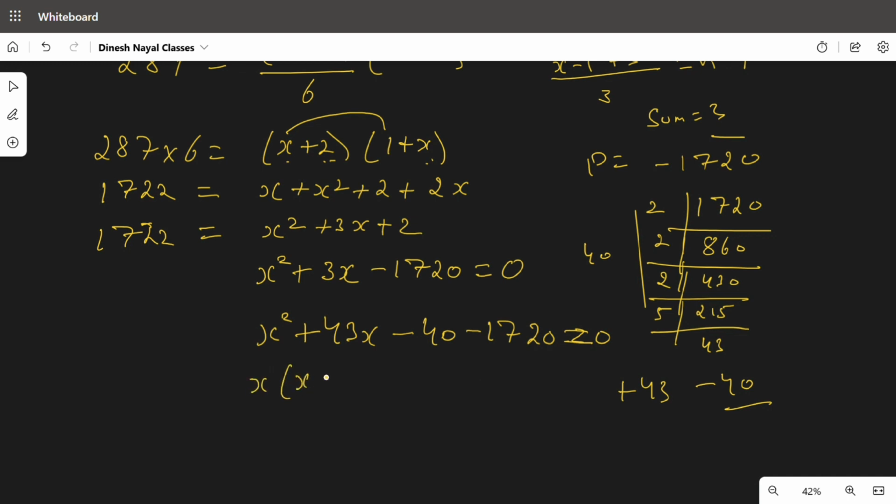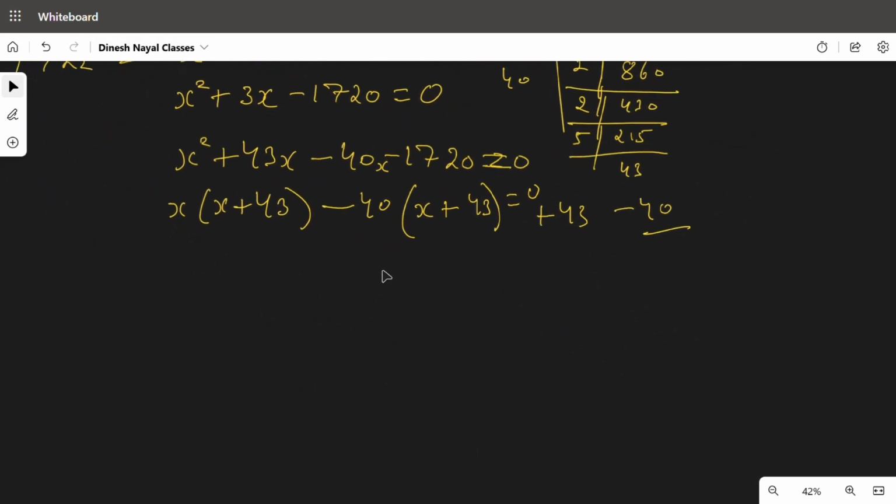So this is x times x plus 43, minus, you take 40 common. Since we have taken 40 common, minus is common, so this will be plus. We know that 40 times 43 is 1720, so if you take 40 common, 1720 divided by 40 will be 43 only, which is equal to 0. Okay, let's write it properly now.